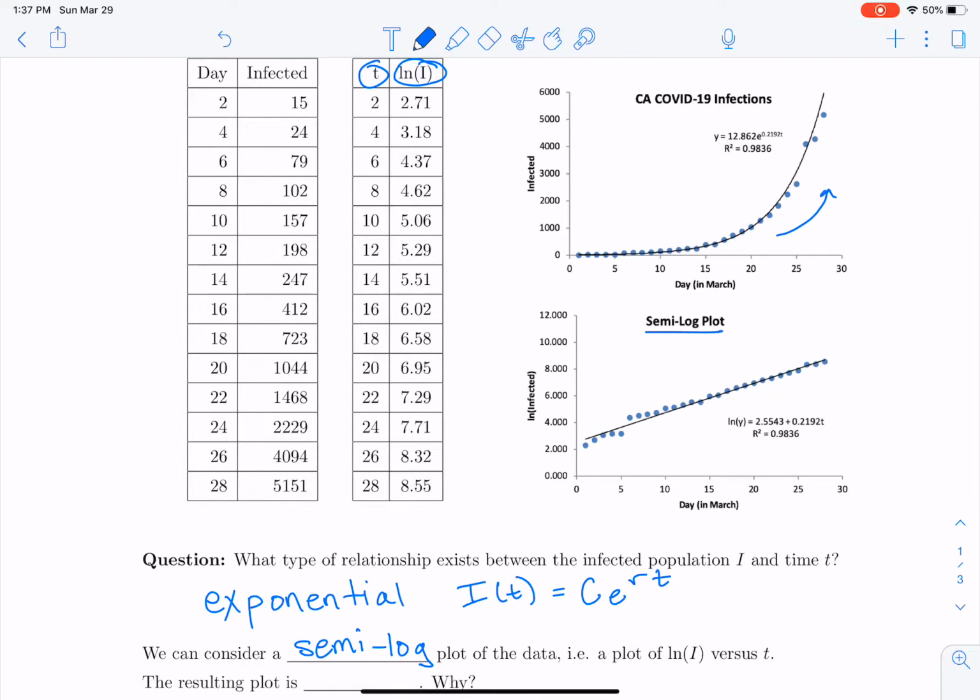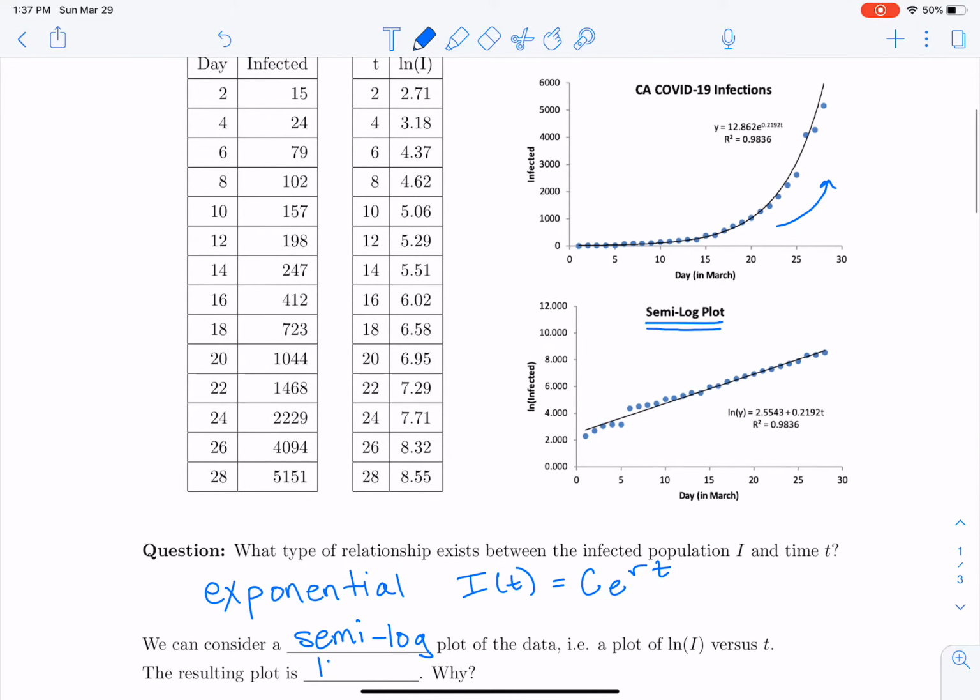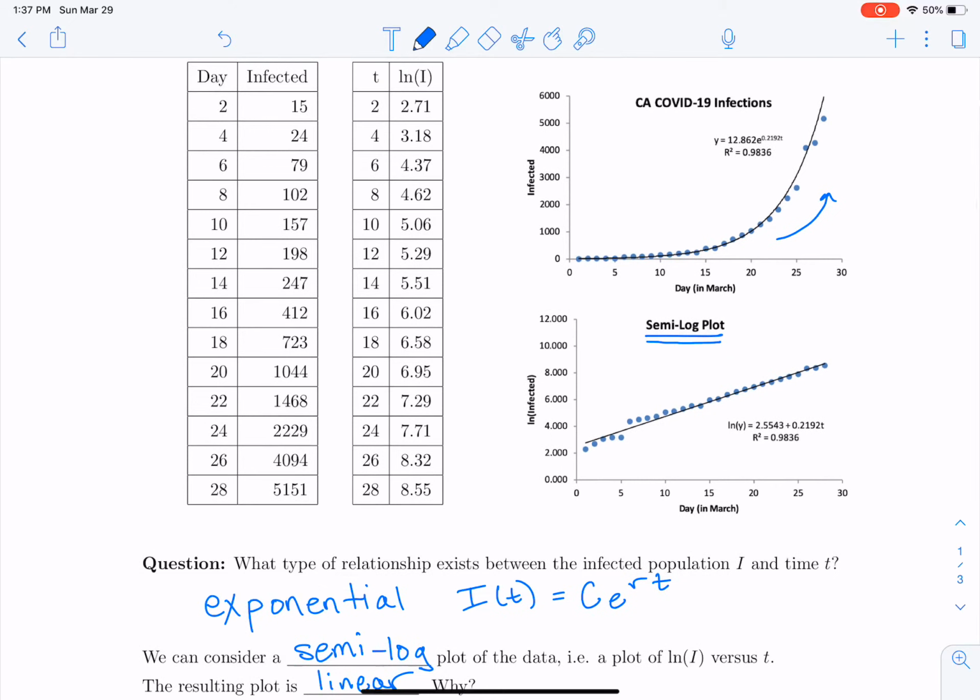Now we have a semilog plot that I've shown here, and it appears that the data is linear. It appears that we can fit that data using a linear regression, that there's a linear relationship between the natural log of the number of infected people and time.